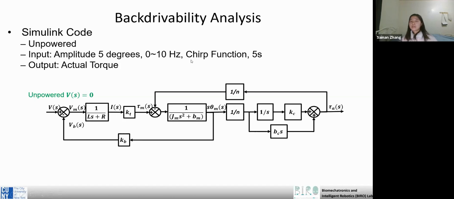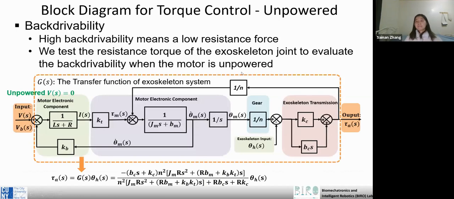It also uses the chirp function, and the frequency will go from 0 to 10 Hertz in 5 seconds. And from the control diagram, we will test the resistance torque of the exoskeleton joint to evaluate the backdrivability.